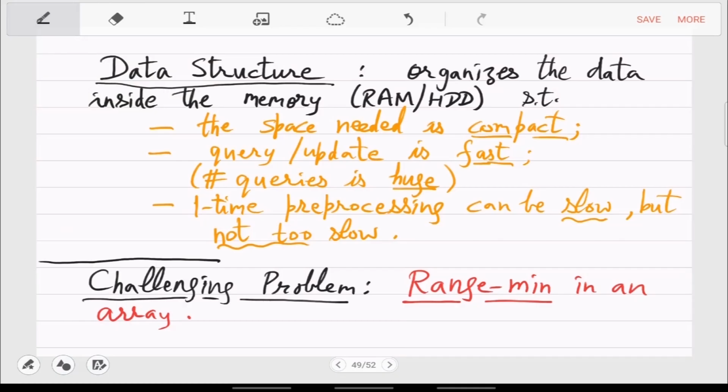And you have to assume n to be extremely large. The query here is i comma j, where i is less than or equal to j.